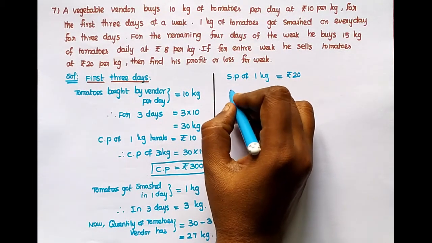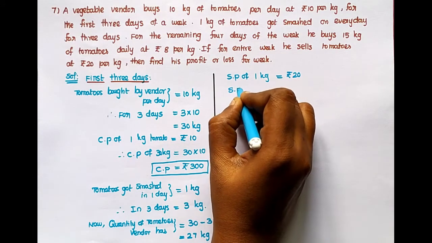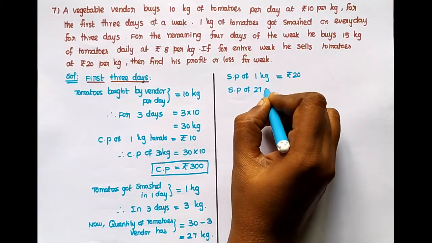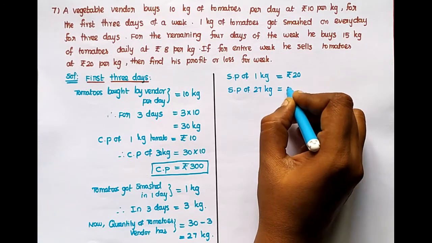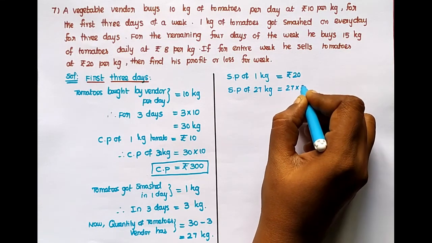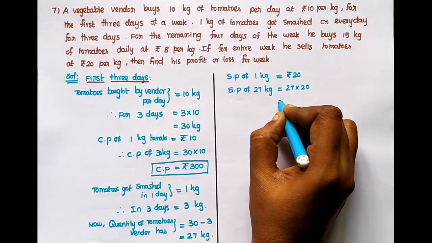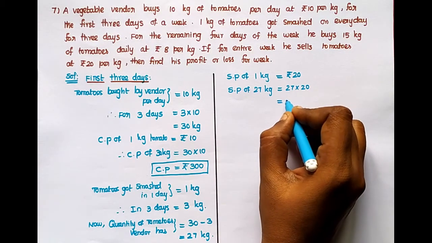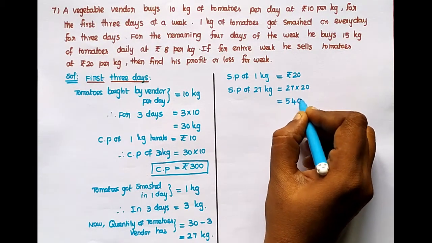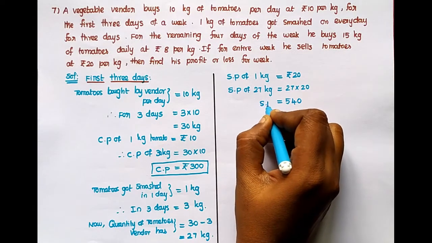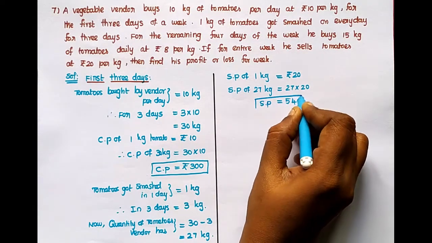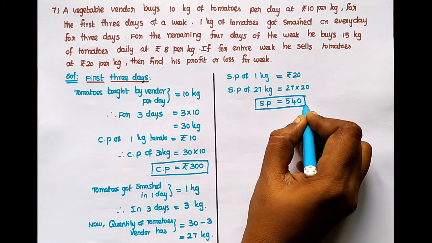So how many kgs he has? That is selling price of 27 kg equal to 27 into 20. That is equal to 540 rupees. That is selling price of 27 kg.